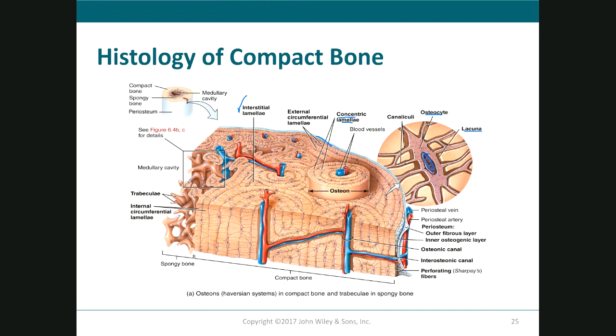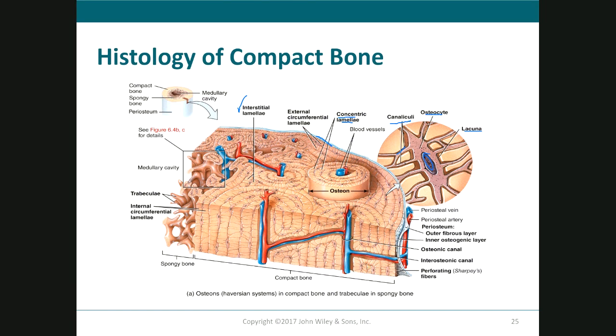You see these little canals, they're called canaliculi. They're filled with fluid, and they connect to the vessels in the central canal, and this is where oxygen could get to the osteocyte via these little canals, and at the same time waste products and CO2 are exiting, going into the venous system.